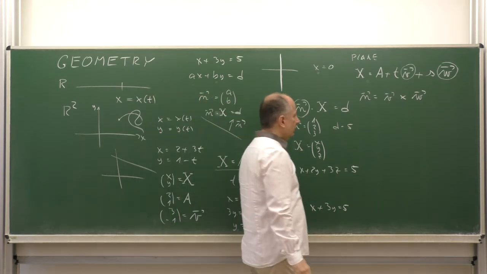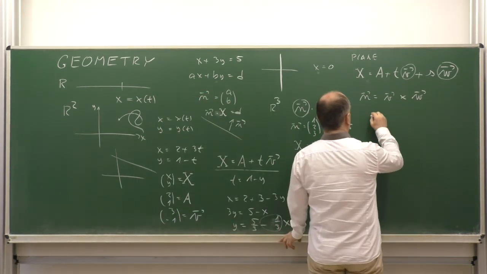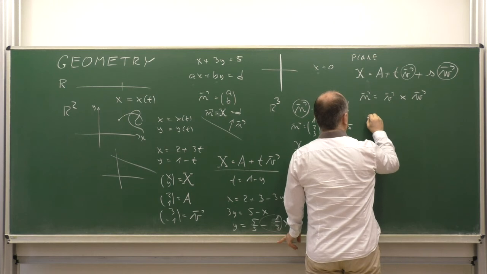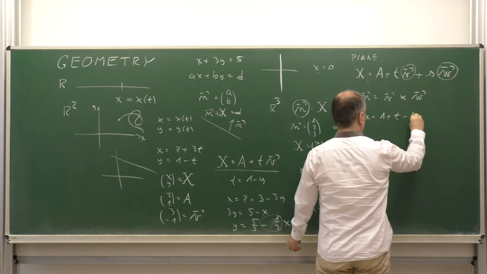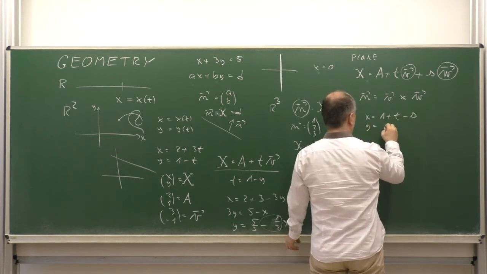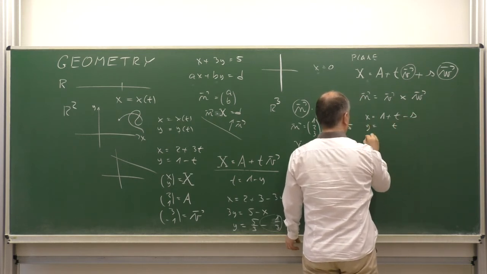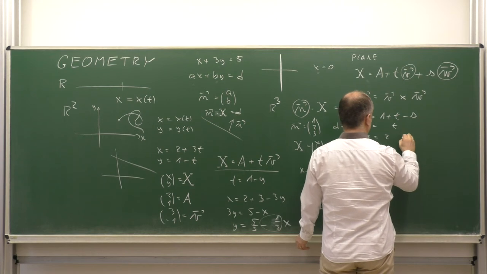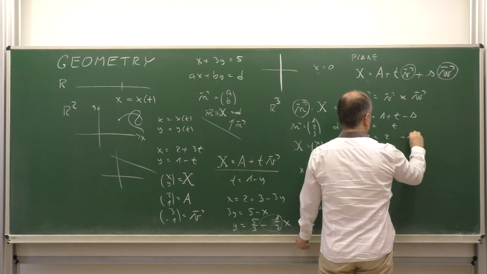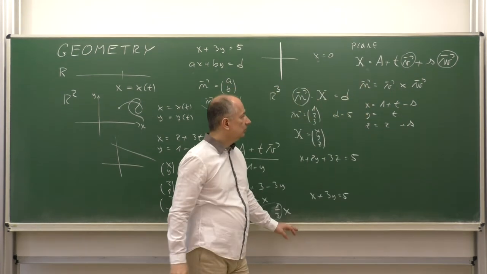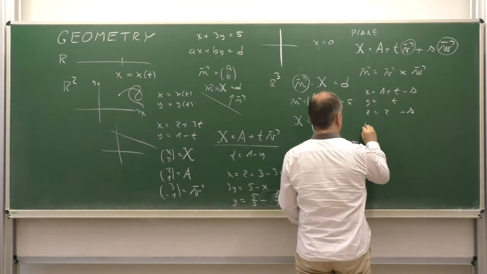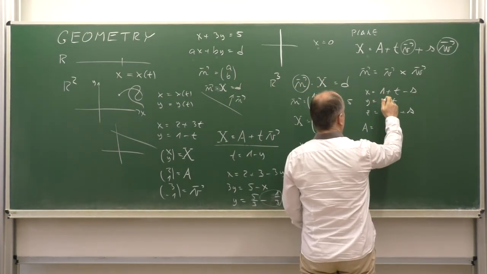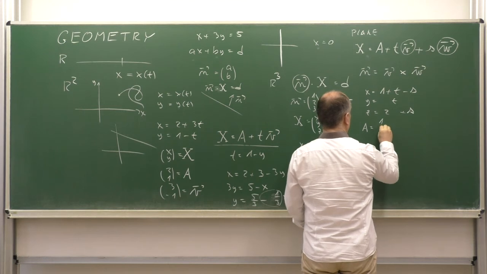Okay, let's consider an example. Let's consider the parametric equation of the plane in the form x is 1 plus t minus s, y is t, and z is 2 plus s. Then we can see that the point A is 1, 0, 2.